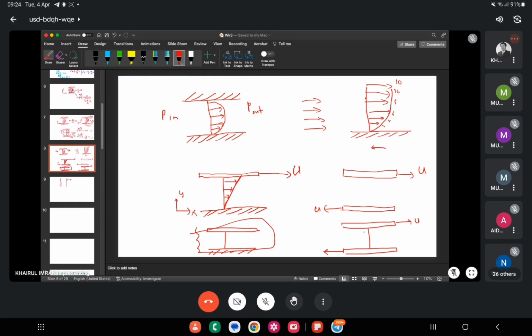Bila U ke kanan and U ke kiri, magnitude dia sama. Straight line tadi sama macam ni, kemudian akan meet kat center. Dia akan center kat sini sebab U dia sama atas dan bawah. Ada center point.